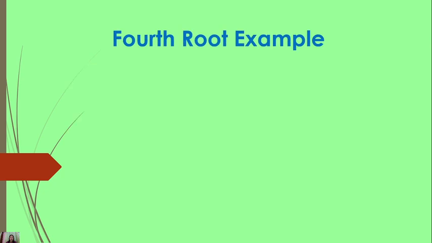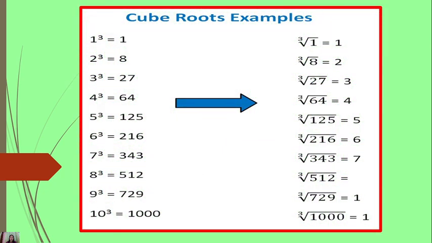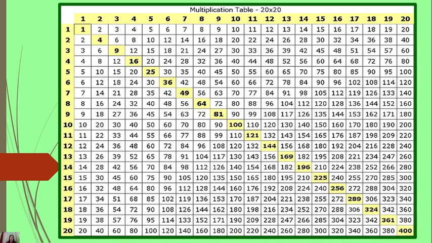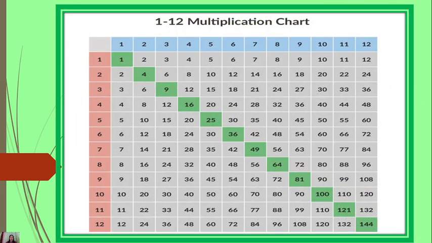If we consider the chart or table of multiplication, 77 is not found in it. It's not a perfect square. 77 is not a perfect square.